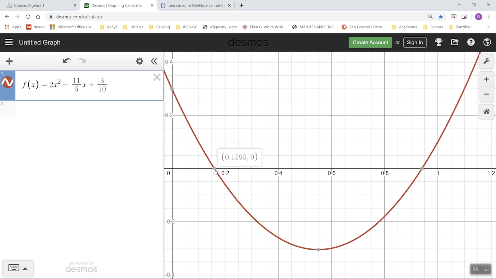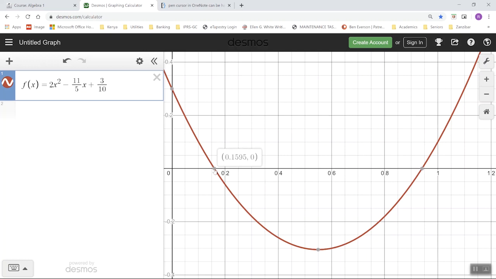So this is the first of our two x-intercepts. Notice the y-coordinate is 0. Of course it's 0 because that's the y-coordinate of an x-intercept. It's always 0. So 0.1595 or 0.16 approximately. And then the other one is up here. And what is this one? It's 0.94. So 0.16 and 0.94.